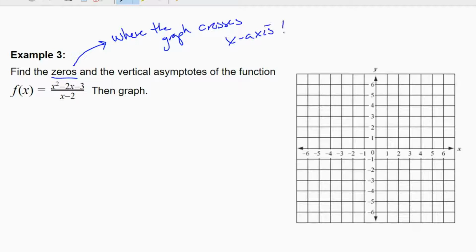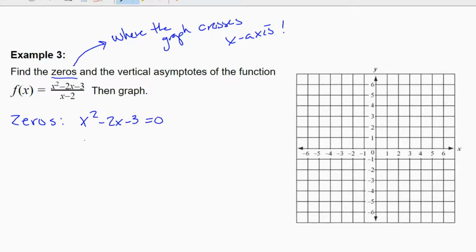So that's what zeros are. So from our table earlier, we can find the zeros by setting our numerator equal to 0. We are going to set our numerator equal to 0, and we are going to solve.